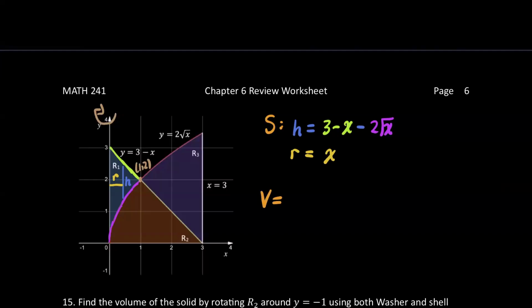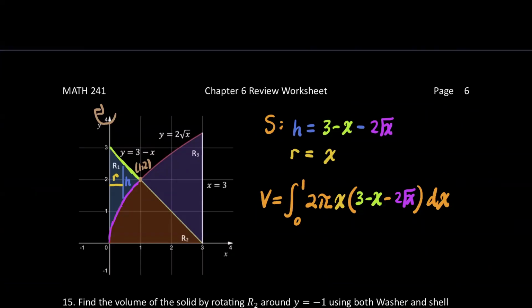To find the volume, we go left and right from 0 to 1, 2 pi r times the height, right?